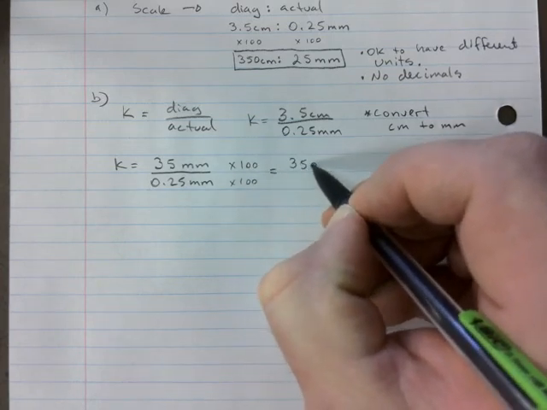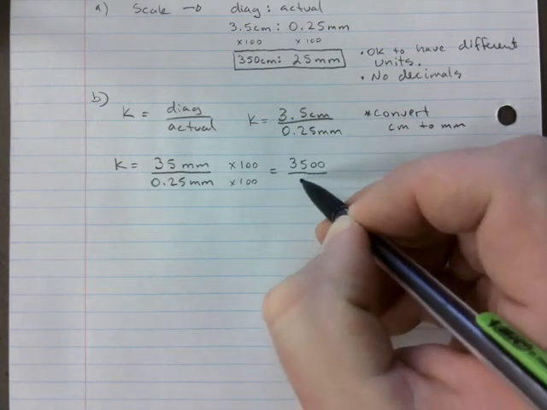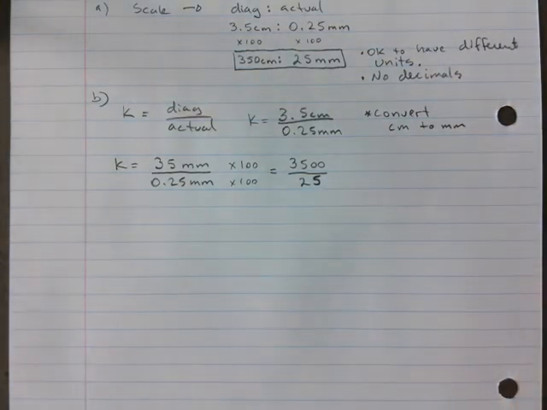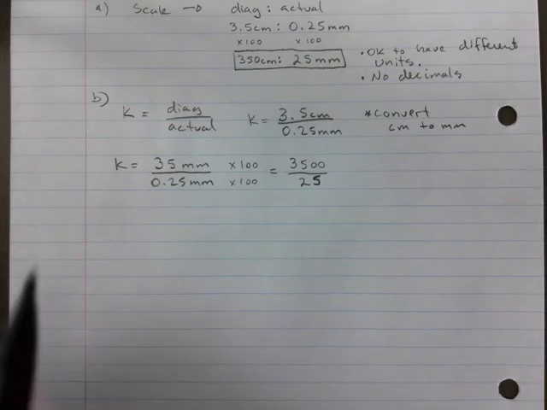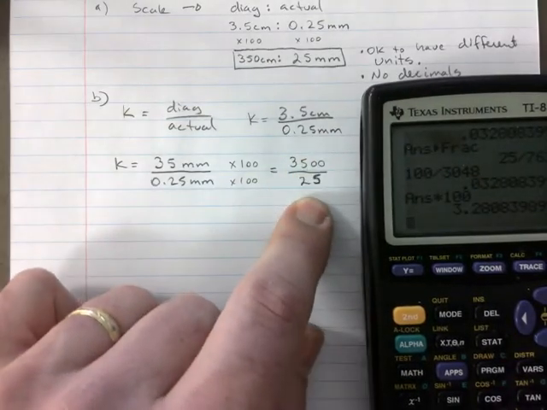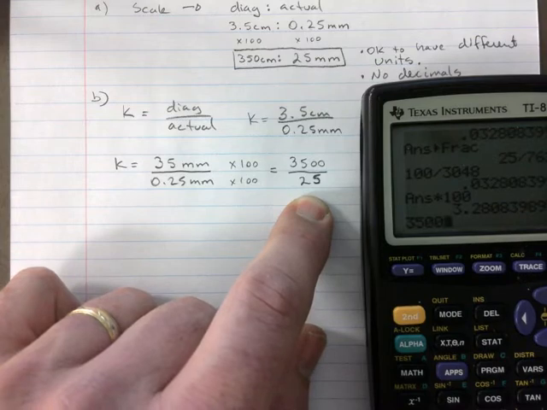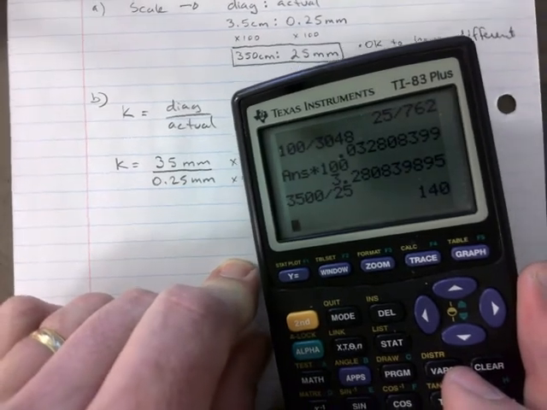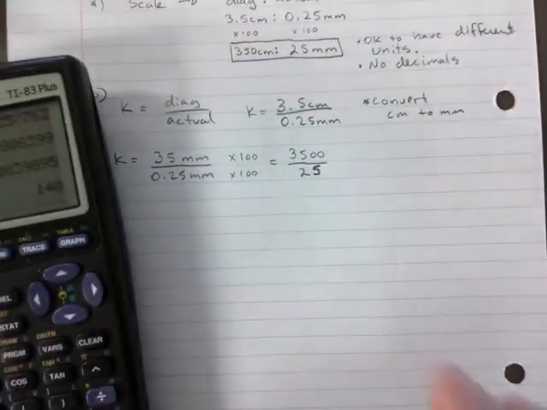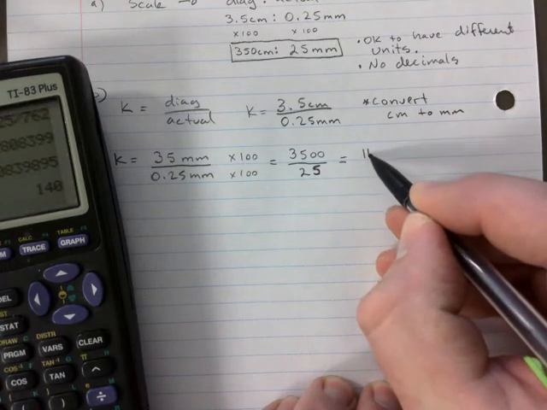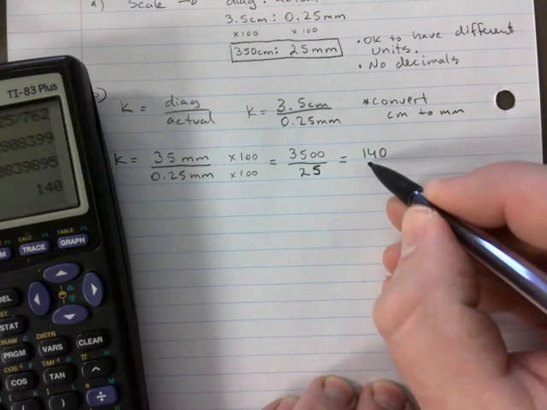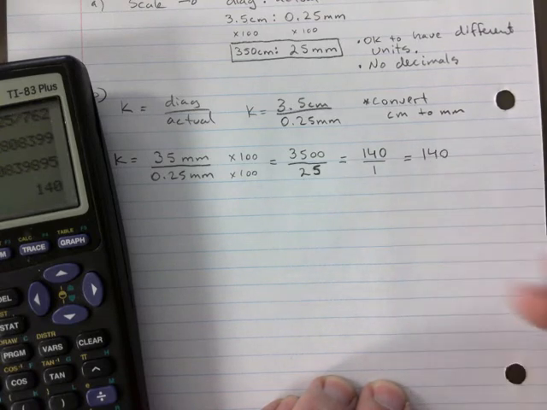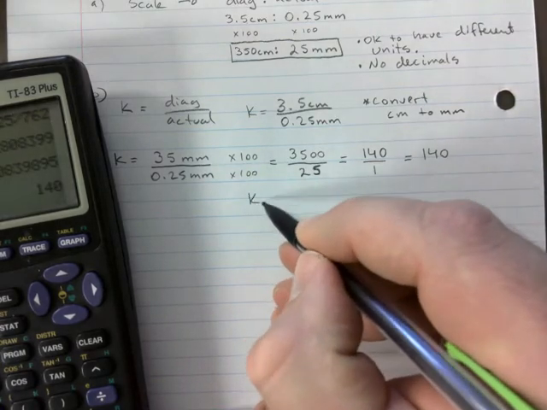So that's 3,500 over 25. Always try, see if you get a whole number. 3,500 divided by 25 is exactly 140. You can say over 1 if you want, but it is really just 140. So the scale factor is 140.